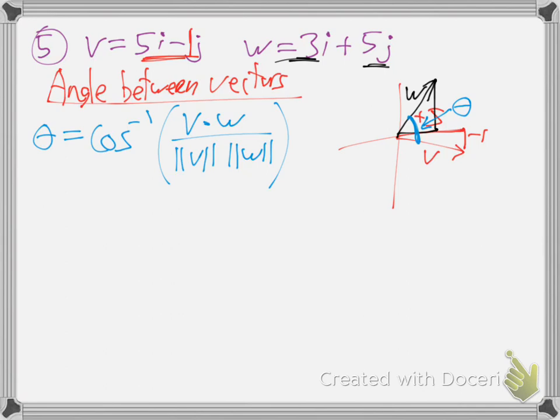So let's crank it. Theta will be the inverse cosine of the dot product. On the top we have to do the dot product. So we're seeing a real life use of the dot product here. Let's do the dot product on the top. What's the dot product going to be? Let me let you do that rather than me just whip it out too quickly.